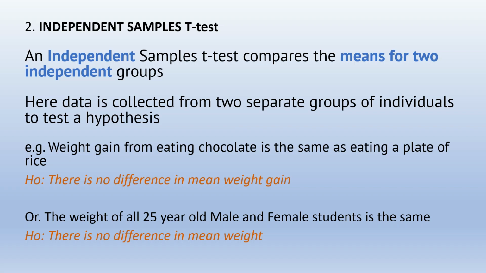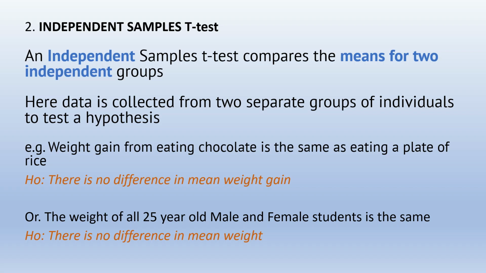You can't just eyeball and say the weights are different. So if you want to test this hypothesis that indeed the weights are different, we go, for example, to a school, and we get all 25-year-olds, the male and the female, and we collect all their weights. So we do what?